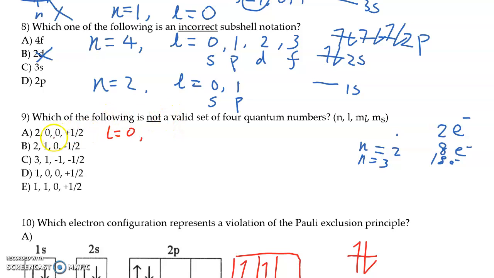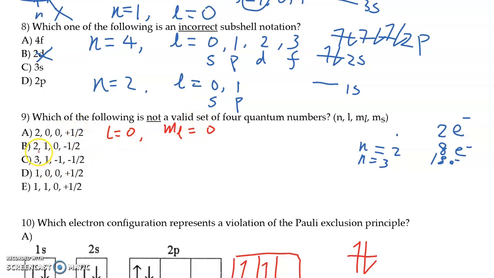That is an s orbital, so I'm allowed to have ml equal to 0, from negative L to positive L. So this one is good.